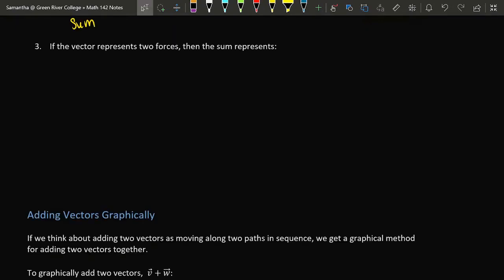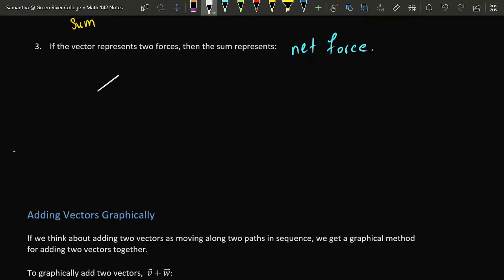If the two vectors being added together represent two forces, what can the sum be used to represent? This is what is called in physics net force. The combination of those two forces acting on the same object.